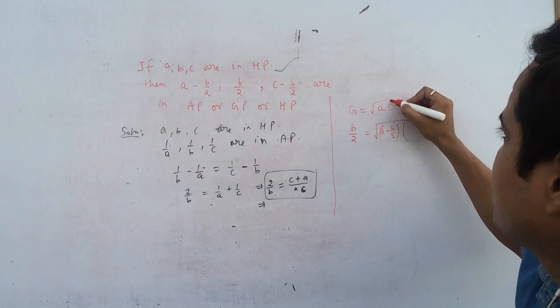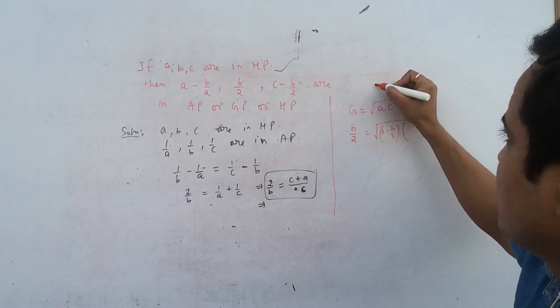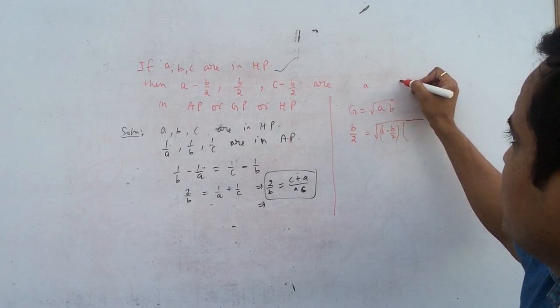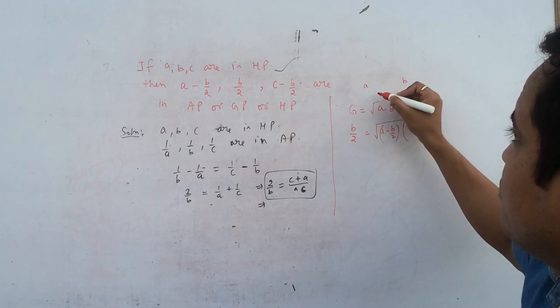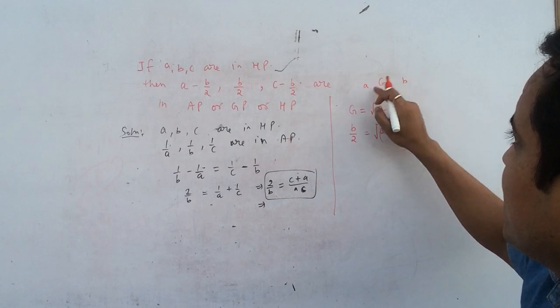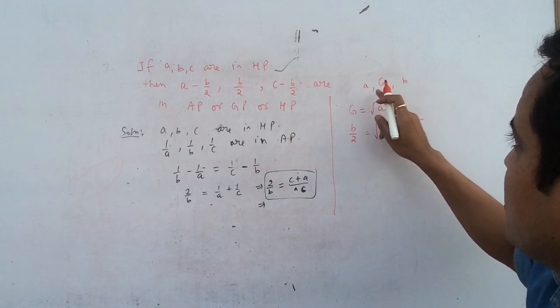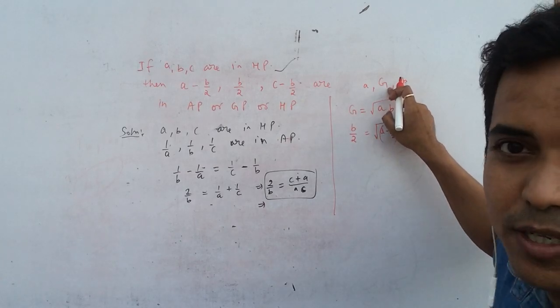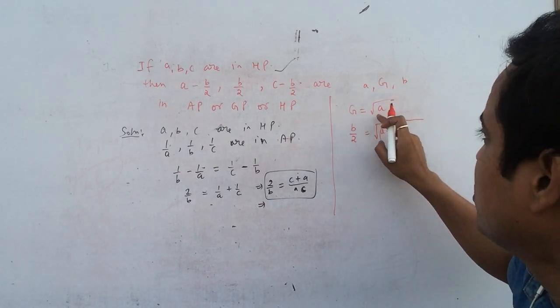If you introduce G in between A and B, and if they are in geometric progression, then G, the geometric mean, is equal to root AB.